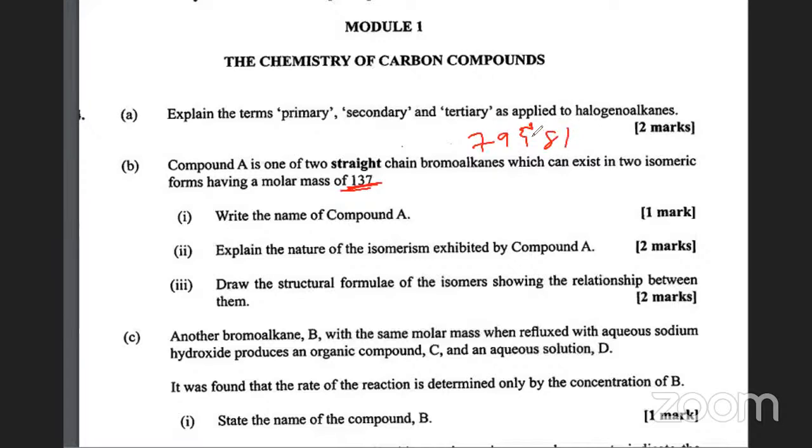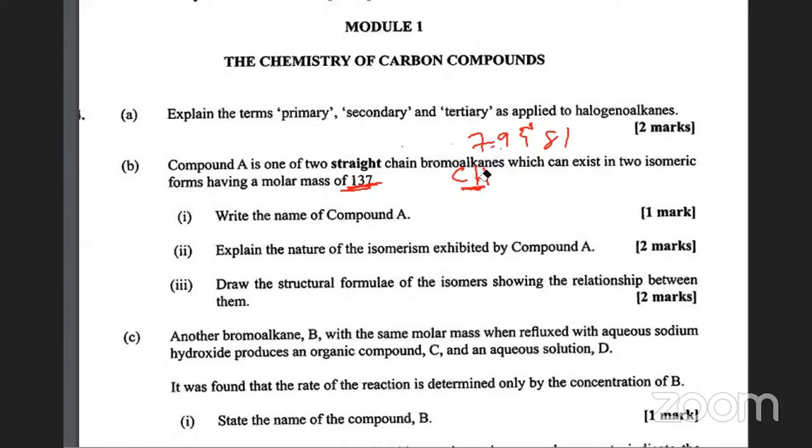So you would subtract, try 79 first, and whatever remains is the hydrocarbon portion. Subtract 79 from 137, and whatever mass remains should be attributed to carbon and hydrogen.